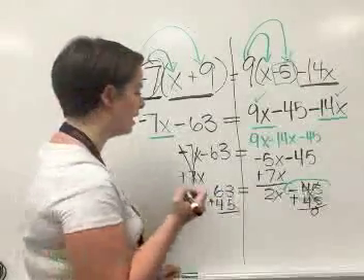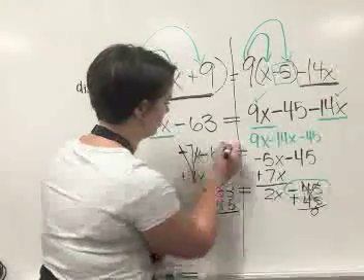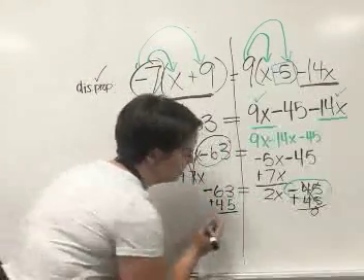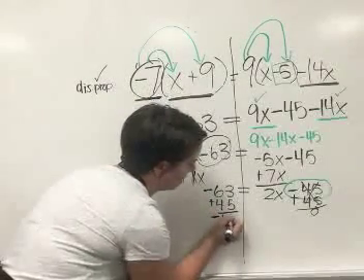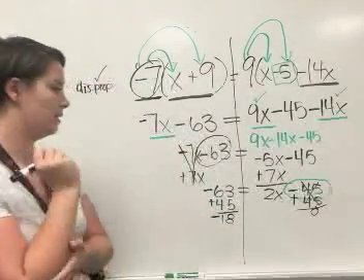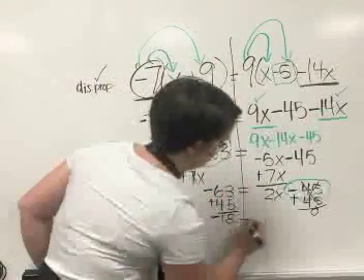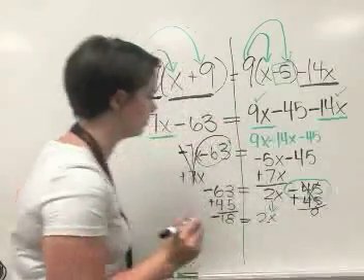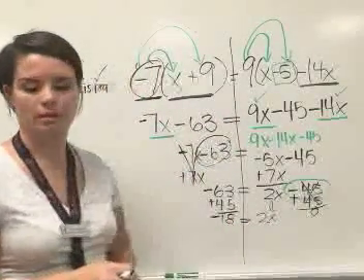Negative 63, don't forget that this is a negative, plus 45 is negative 18. Negative 18 equals, pull down my 2x.